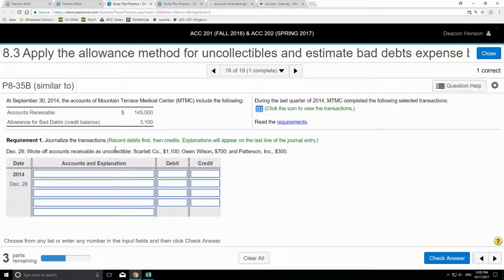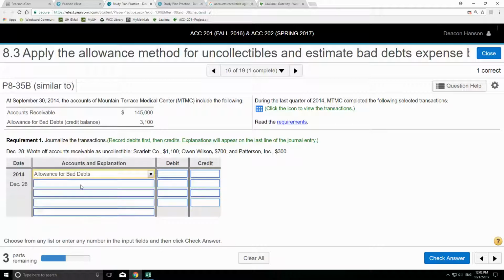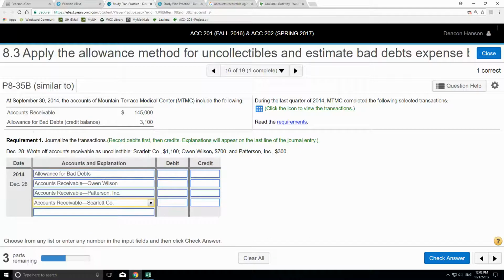Okay. Now it says, journalize the transactions. Okay, record debits first, then credits. Wrote off accounts receivable as uncollectible. So they wrote off these three accounts receivable: Scarlett for 1,100, Owen Wilson 700, and Patterson Inc. for 300. And it looks like they want it in detail, so I'm going to charge it against my allowance, and then I'll have 3 credits, and it's going to want a memo, wrote off uncollectible account. So I got Scarlett Company, I got it backwards here, but that's fine.